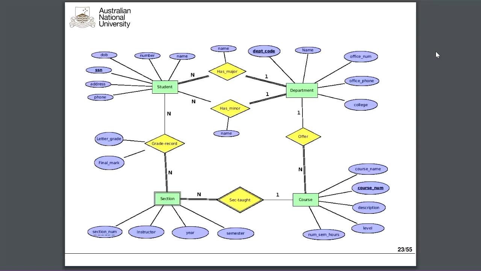Underline means the primary key, meaning this department has a primary attribute. Primary key is the department code. There are other attributes with the department name and the office number, phone, and the college, right? All this information. Then you can later on convert it to some sort of table, right?